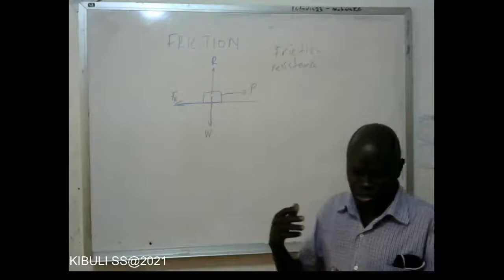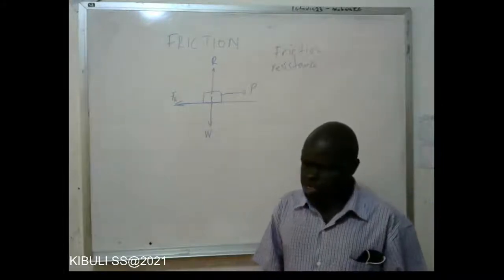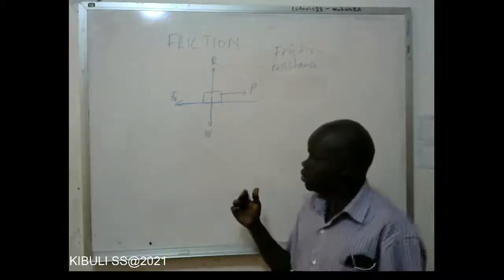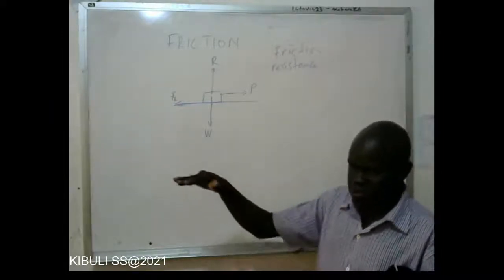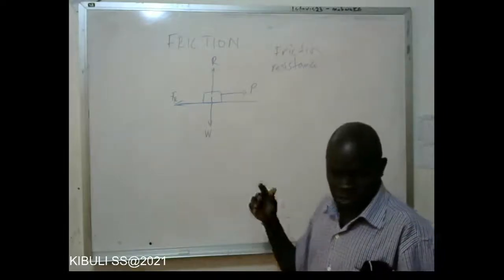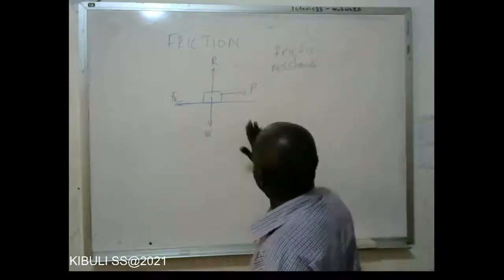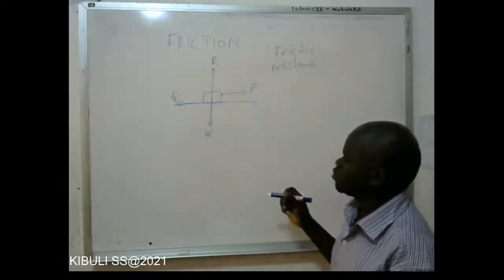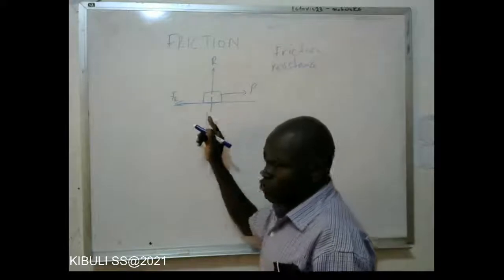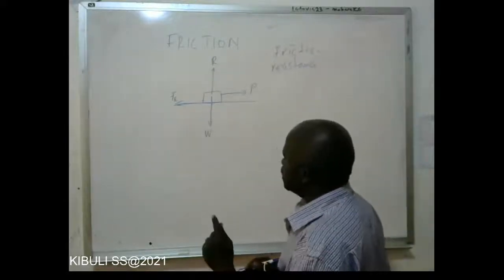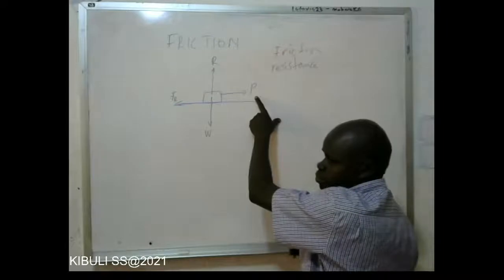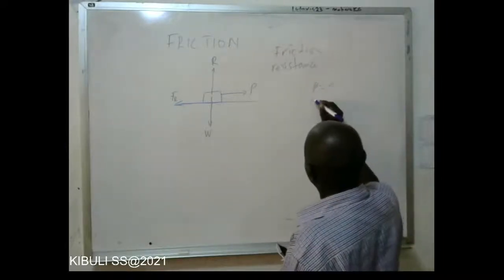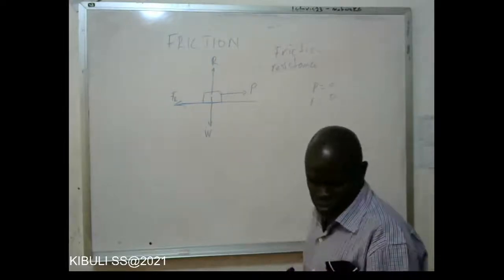So now let's look at a situation in which we apply a varying force to a body which is in contact with a surface, where there is friction. When we apply a varying force to this body, the frictional force will increase accordingly. When force P is 0, the frictional force F is equal to 0.